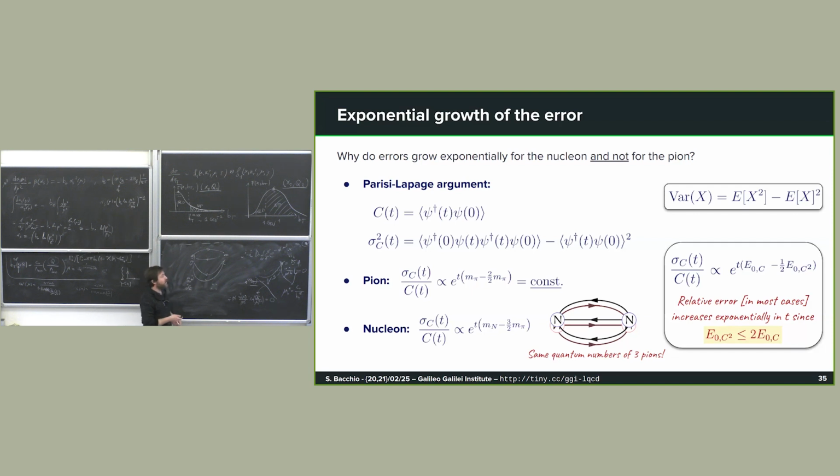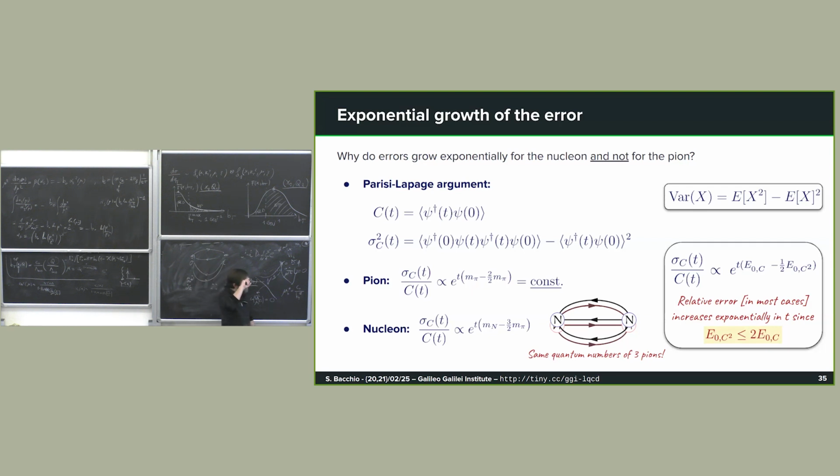So the pion being the state with the smallest energy, even if you put 10 pairs of quarks, that's going to be 10 pion masses. And thus, the pion has an error that does not increase exponentially, because the energy of the state squared, or the interpolating field squared, is 2 pions. The 2 simplifies. You have the mass of the pion minus the mass of the pion. And this is beautiful because now your interpolating field has a constant error. You really see it, this one.